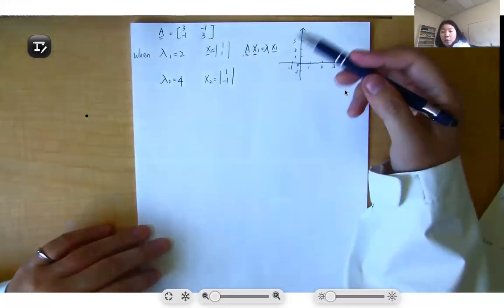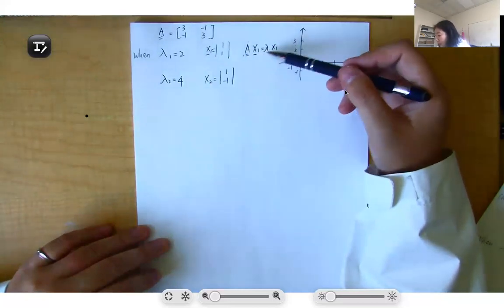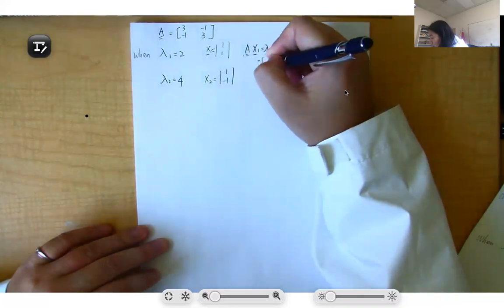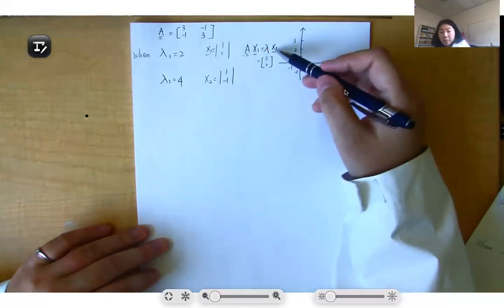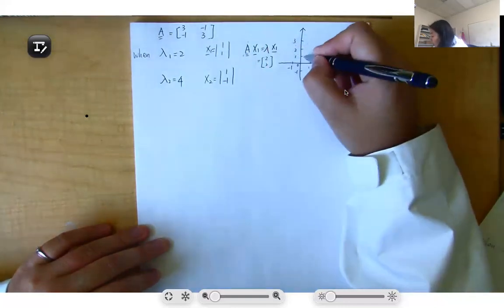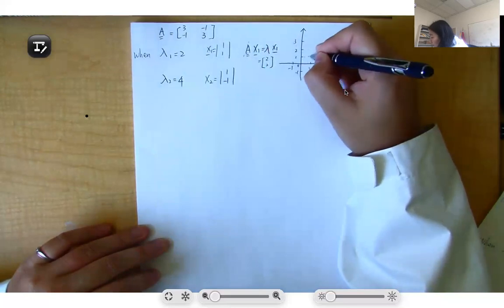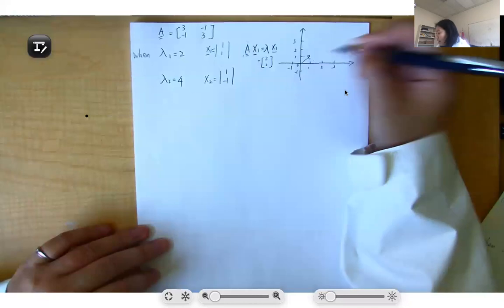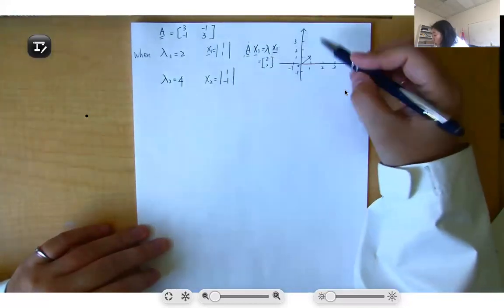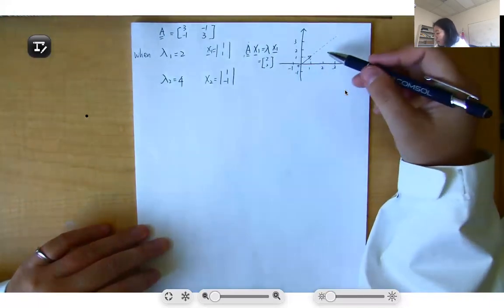And you can further verify that A x1 is indeed equal to (2, 2), which is lambda times your x1. So this first eigenvector is (1, 1), this direction. And as you multiply by the eigenvalue, it will just go on along this direction. Okay, that is the first eigenvalue.